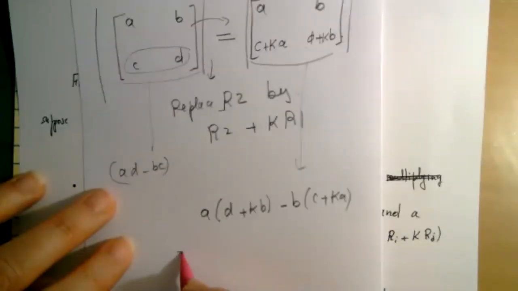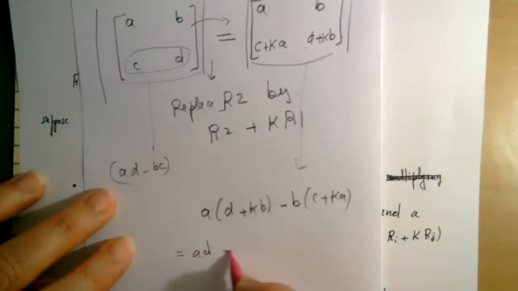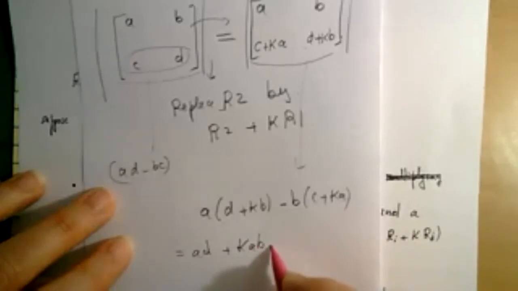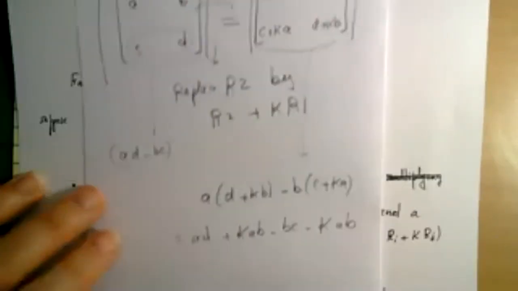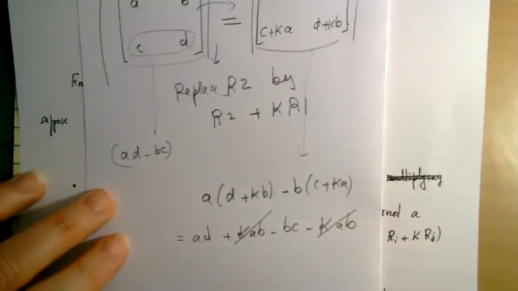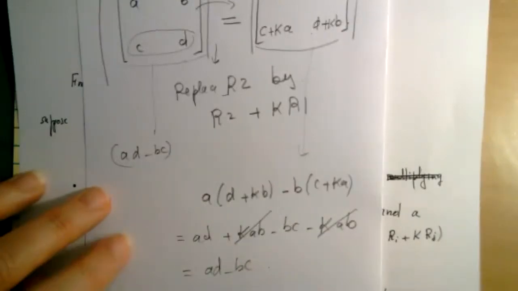And if I do the math, I get AD plus KAB minus BC minus KAB. This and this simplify. I end up with AD minus BC, which is exactly the same.